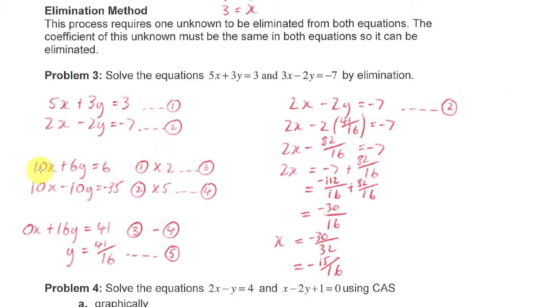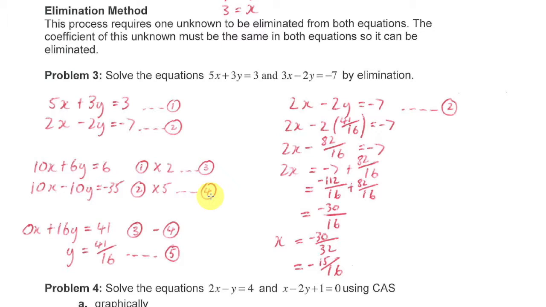So if I do that, I get 10x plus 6y equaling 6, and I'm going to refer to that as equation 3. The second line, to make the 2x 10x, I need to multiply everything by 5. So I take this second equation and multiply everything by 5, and you can see I've produced this here, and I'm going to refer to that as being equation 4.